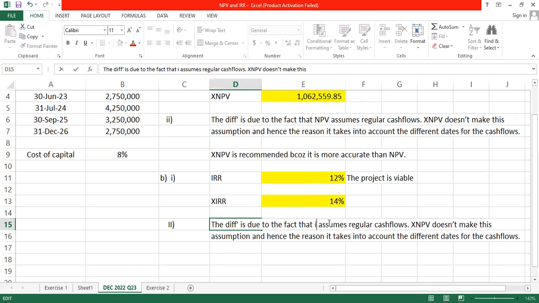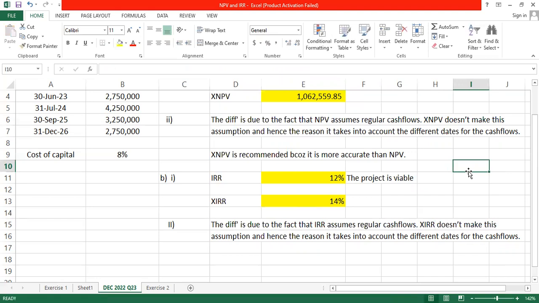this should now be IRR. The fact that IRR assumes regular cash flows, then I'll say that the XIRR does not make this assumption, and hence the reason it takes into account the different dates for the cash flows.